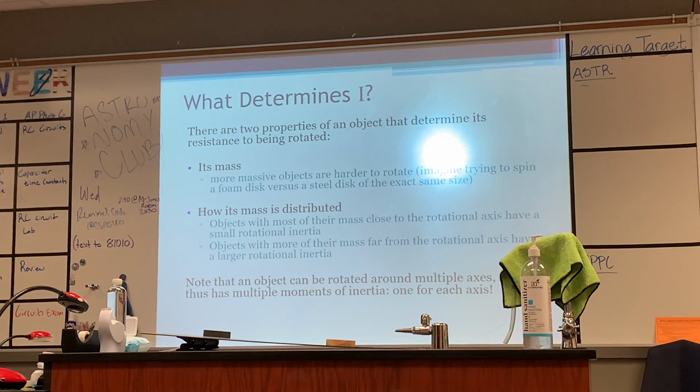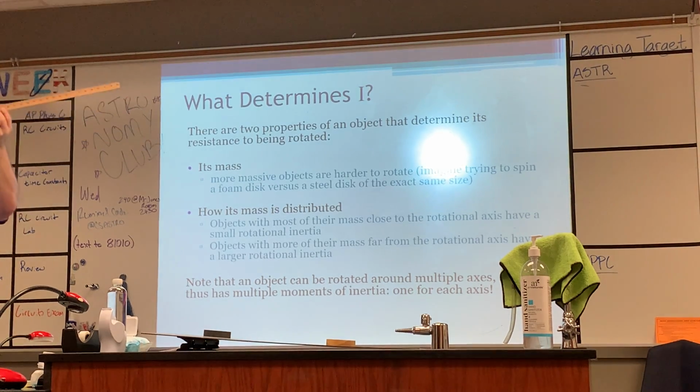Let me use the meter stick to make that more obvious. I can rotate it around the center. In that case, half of the mass on this side is within 50 centimeters of the rotational axis. And the mass on this side is also within 50 centimeters of my rotational axis. So it's farther away than if I was rotating the meter stick like this.